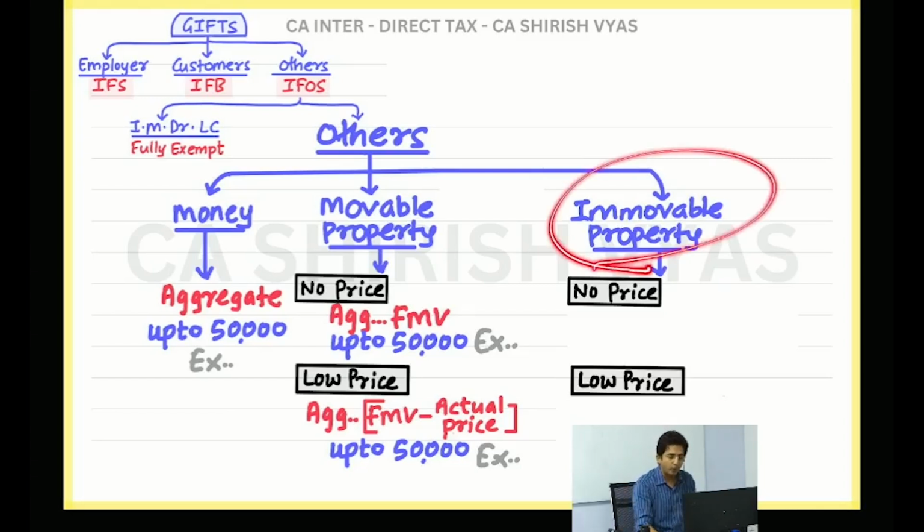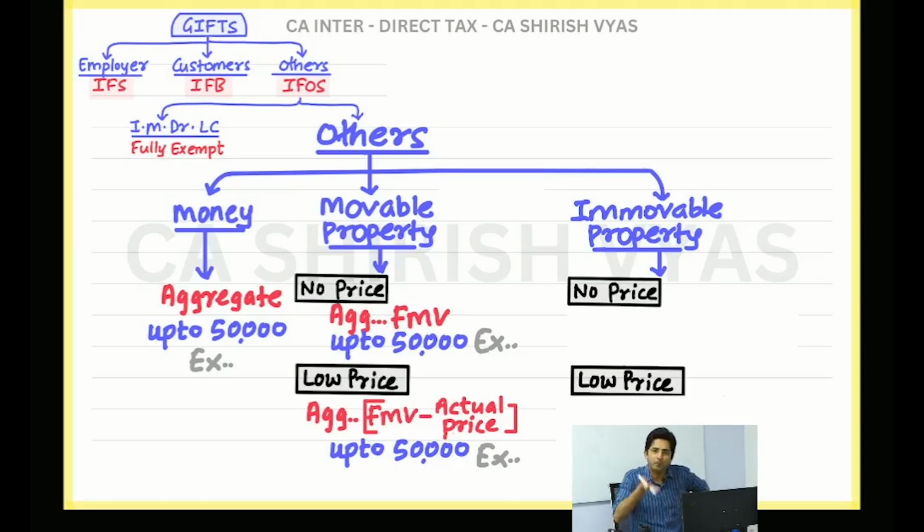But immovable property will not have a petty value. The values are automatically in crores and lakhs. So the government does not want to aggregate because it knows per property the value will be so much. So tell me, by chance in the question it comes like this: gift from Mr.